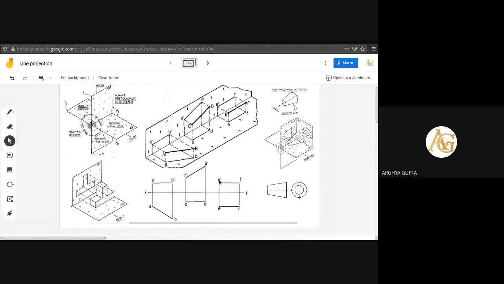So you will know that E dash means it is the front view of E, and F dash means the front view of F.